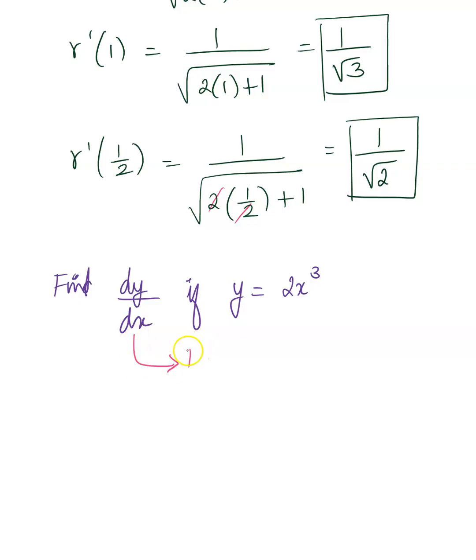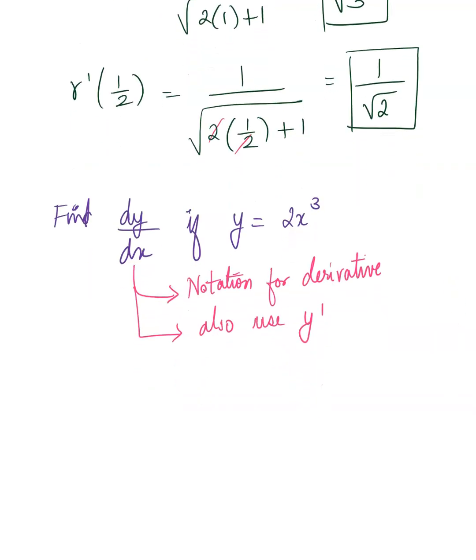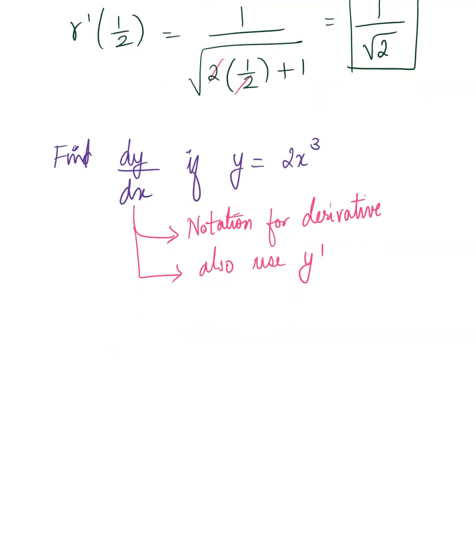So, notation for derivative: you can also use y prime. So they say find y prime. If y equals this, that means finding the derivative. But let's use this notation that they've given us.